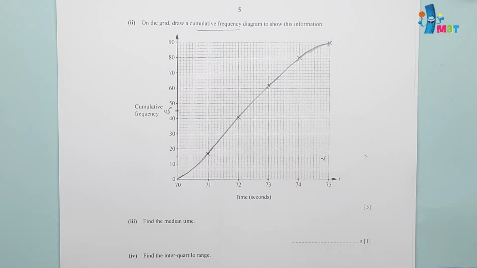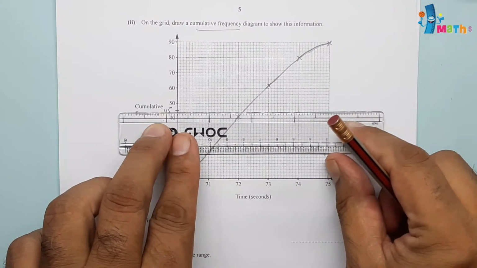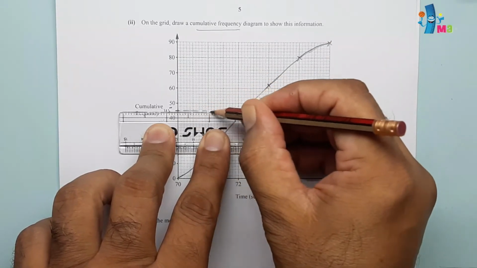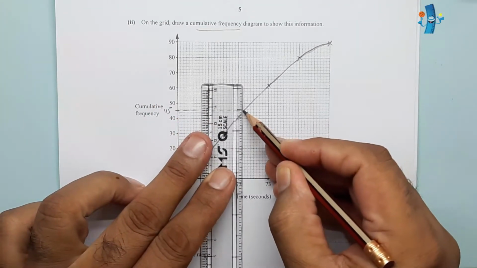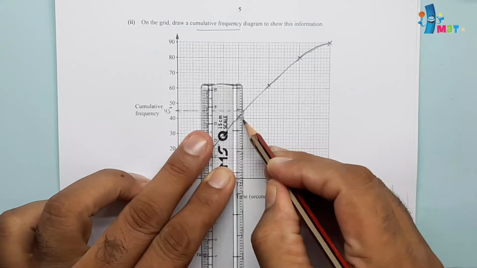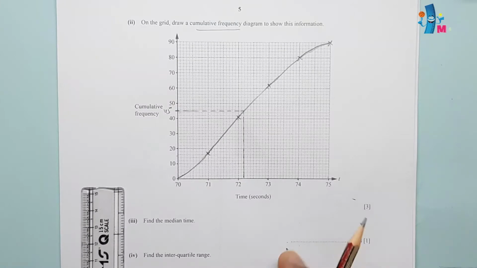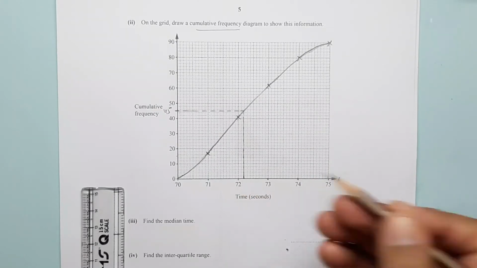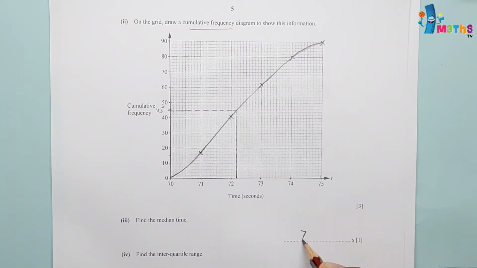We join this to the curve with a dotted line, extend it down to the x-axis, and this will be the median value, which is 72.1.